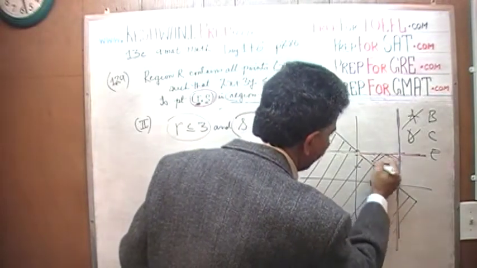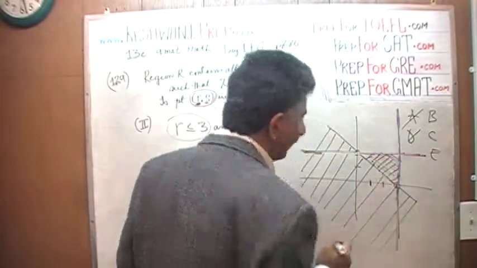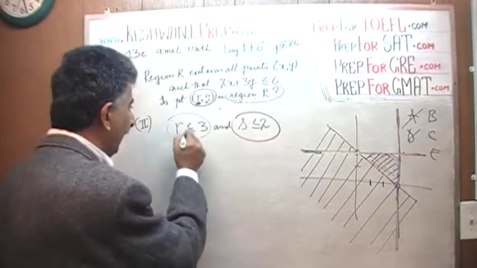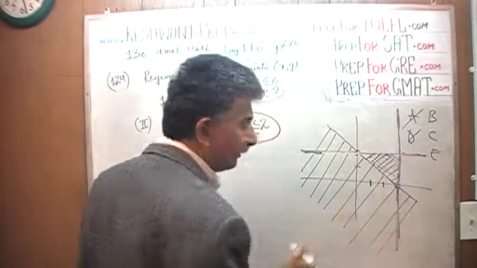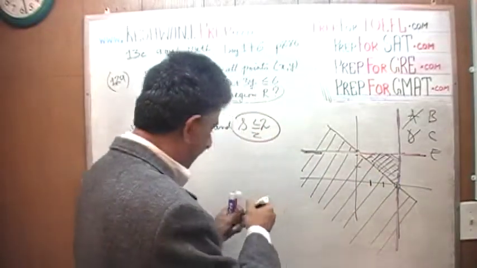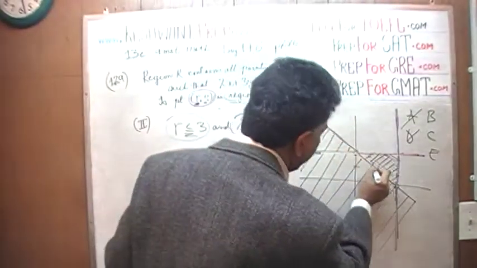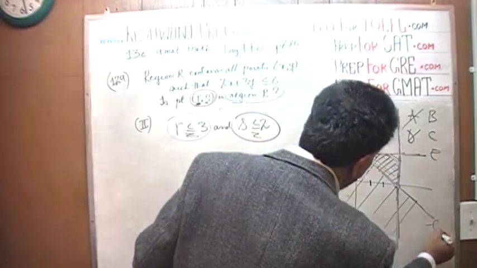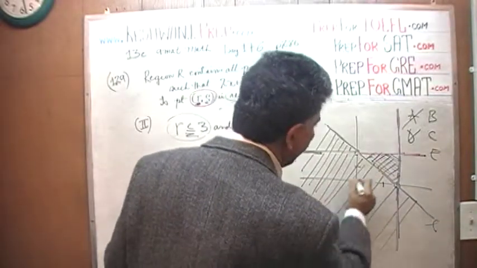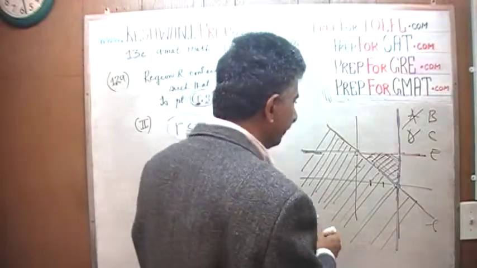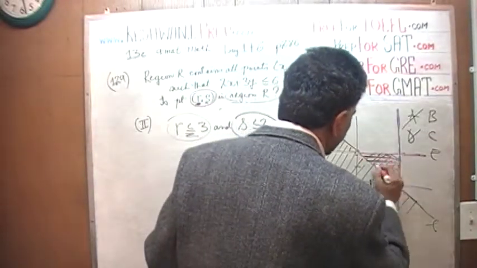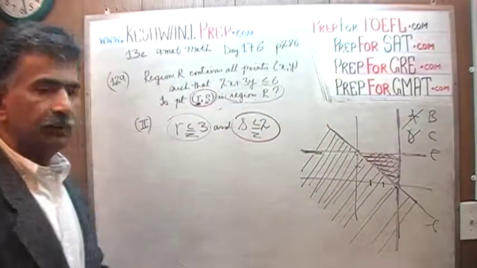All of these points meet the conditions that r is less than 3 and s is less than 2, and yet they lie outside the region. Our region is this right here. This is our line L, if you remember, and this is our original region. And all of these points lie outside it. These are no good.